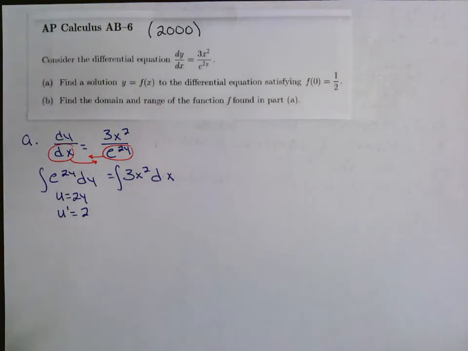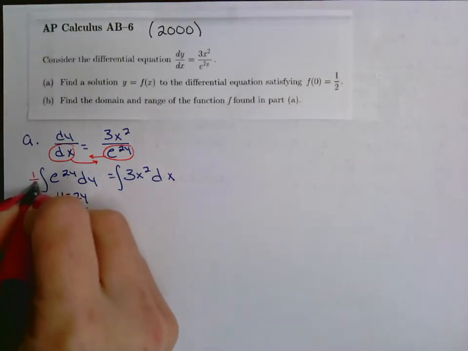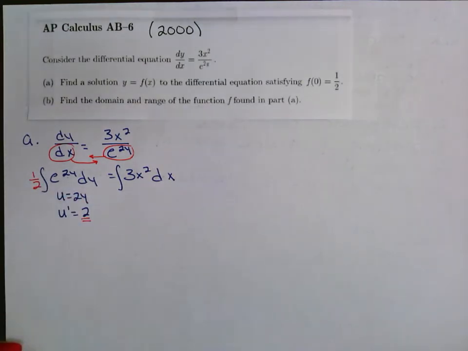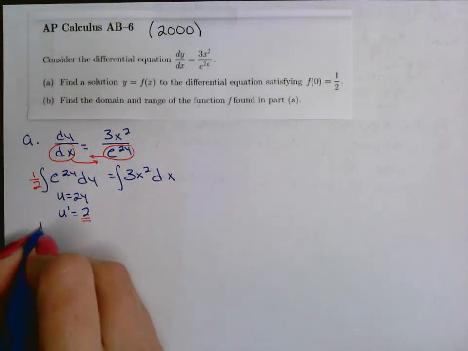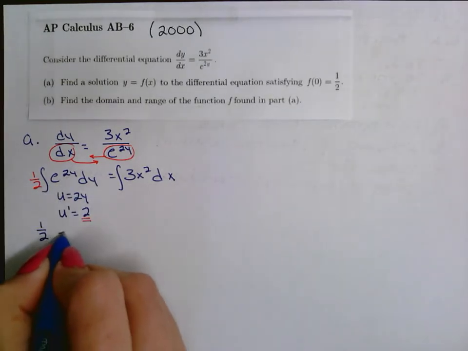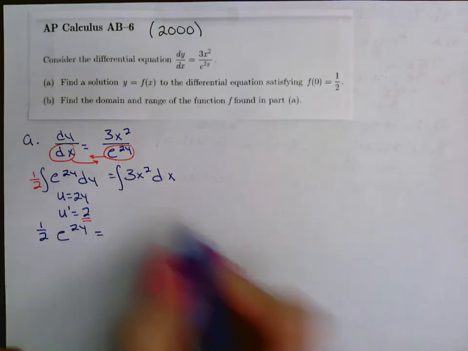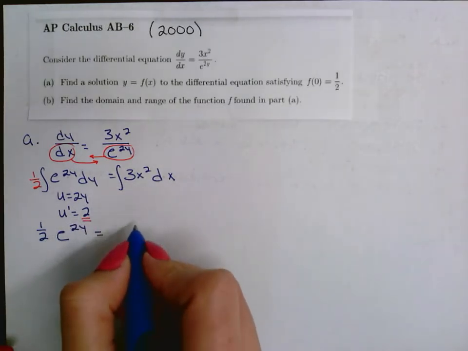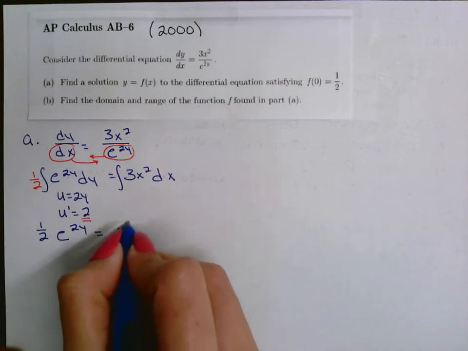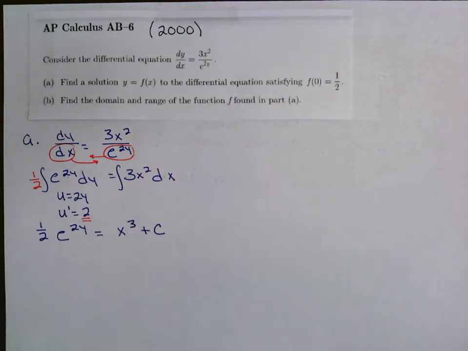So if I'm missing this 2, I need to put a 1/2 in the front. Okay? So I have 1/2, and the antiderivative of e to anything is just e raised to that same exponent, okay? And then here, reverse power rule, I just end up with x cubed plus c, okay?